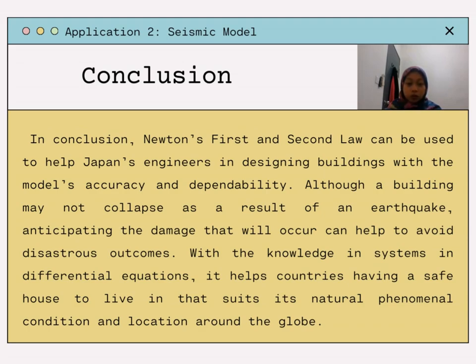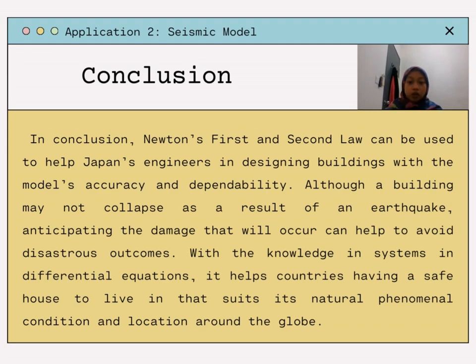In conclusion, Newton's first and second laws can be used to help Japan's engineers in designing buildings with the model's accuracy and dependability. Although a building may not collapse as a result of an earthquake, anticipating the damage that will occur can help to avoid disastrous outcomes.